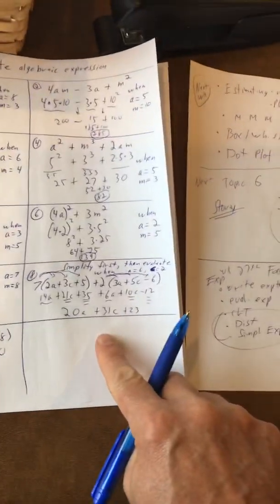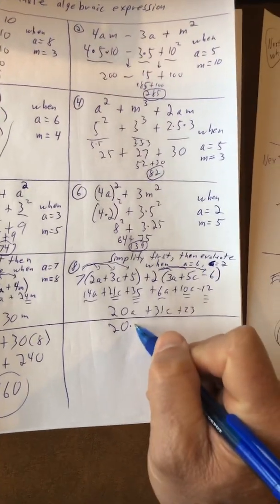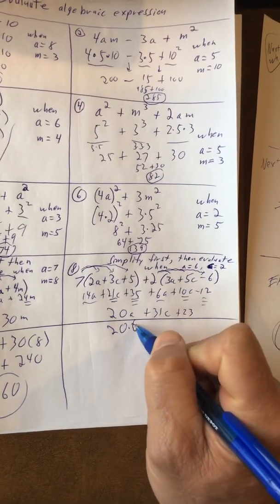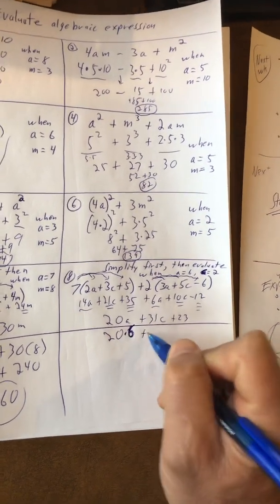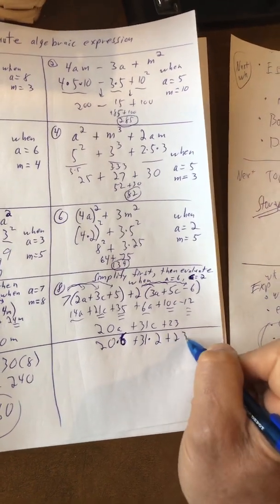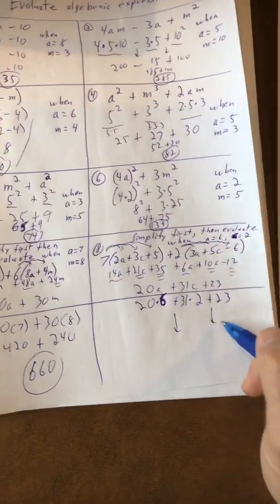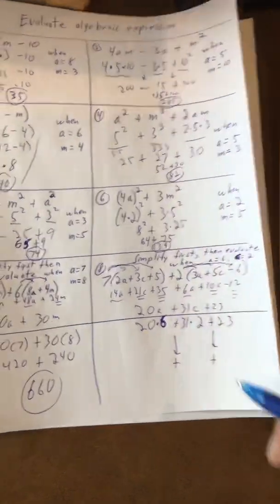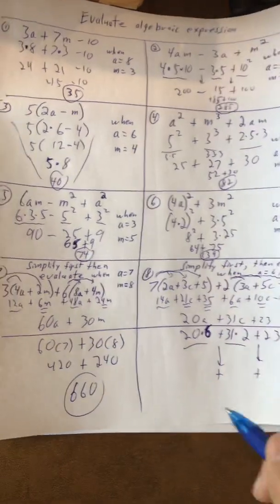So now evaluate. So 20 times 6, big dot, plus 31 times 2, plus 23. I like bringing down my pluses. The last thing you do is add or subtract. Get this answer, nothing to do there.